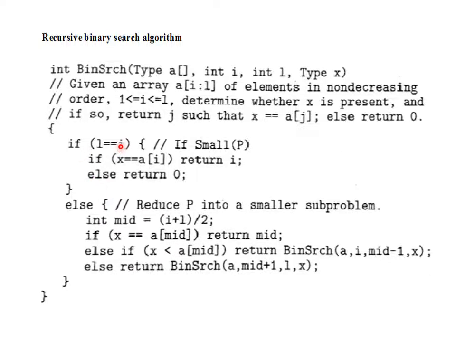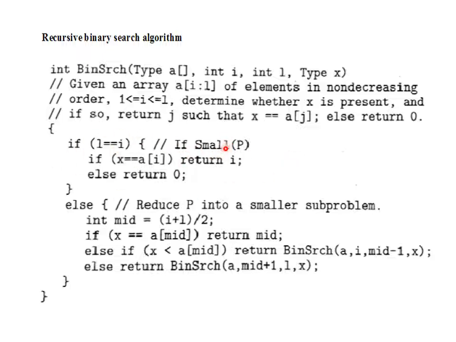Otherwise it will enter an infinite loop. The control will not come out of the algorithm, or, when we convert it into a program, out of the program. So this is very important.